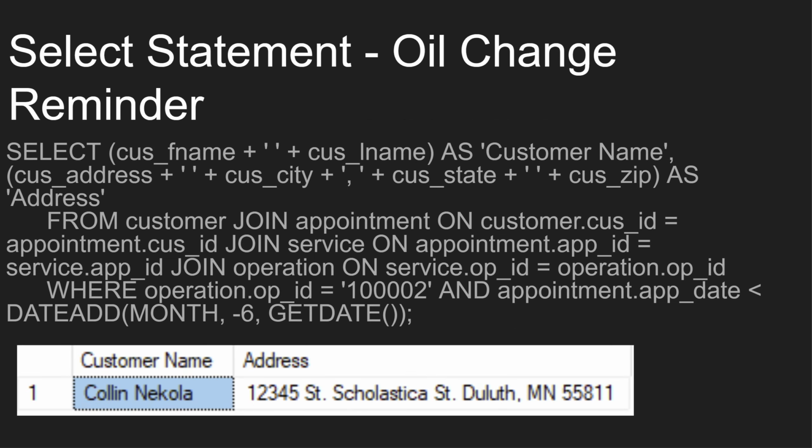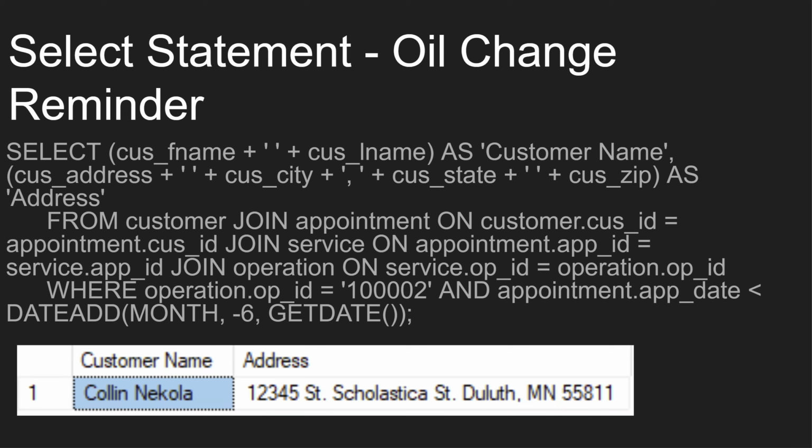Here's the first select statement. This is used to check if it's been over 6 months since someone last got an oil change, if they've had one previously, and then to display that. So it takes their cus F name and cus L name from the customer table. It displays that as customer name, and then their cus address, cus city, cus state, cus zip, and displays that as address.